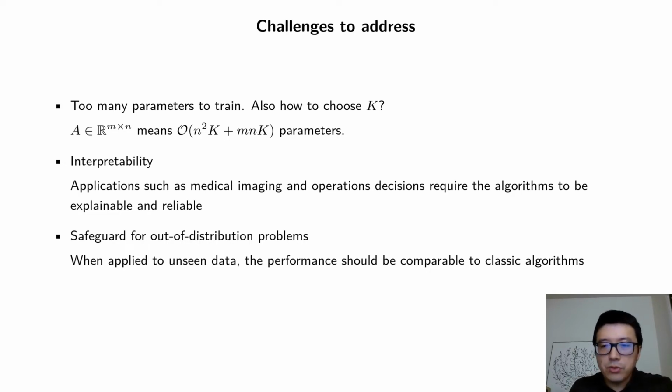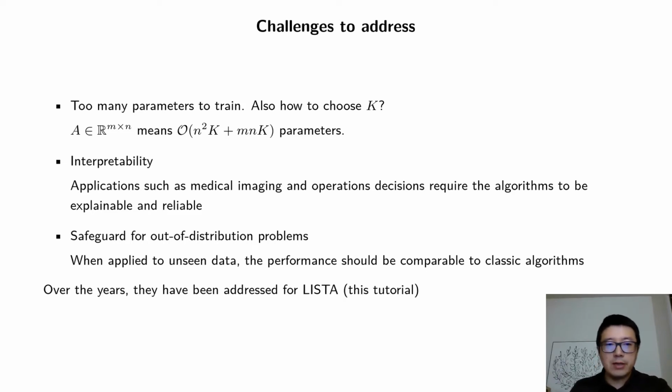So they tend to require the method to be more like a white box, explainable, and explainability is often associated with this notion of generalization and reliability. Also, when you apply a learning algorithm to out of distribution data, you would naturally require a certain kind of safeguard such that the performance will be at least comparable to classic algorithms. And these are the challenges of algorithm unrolling.